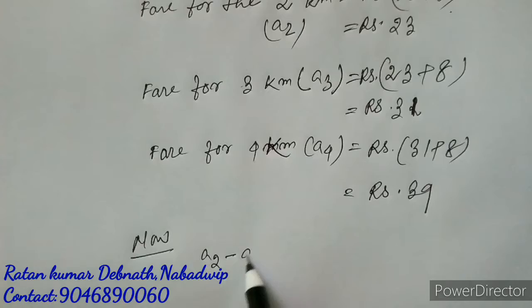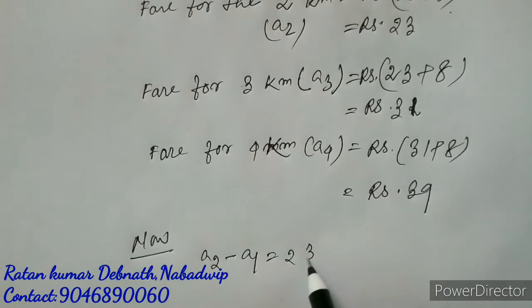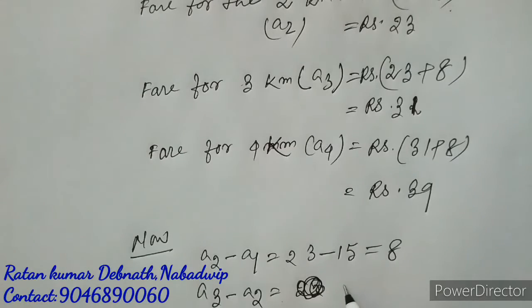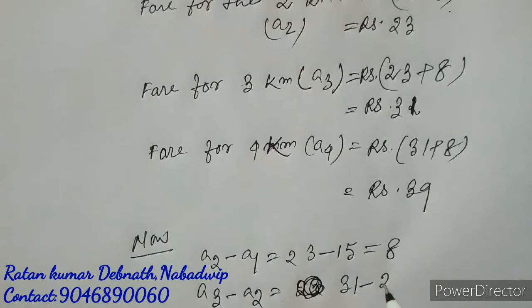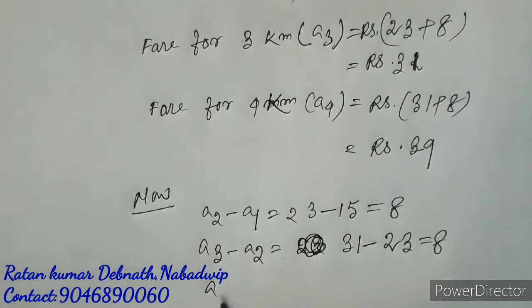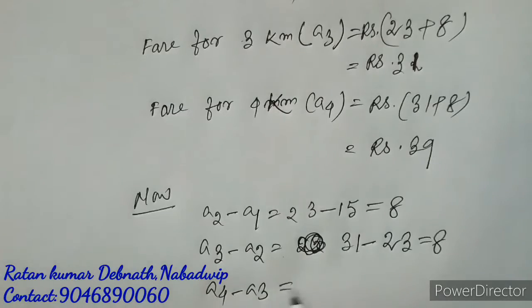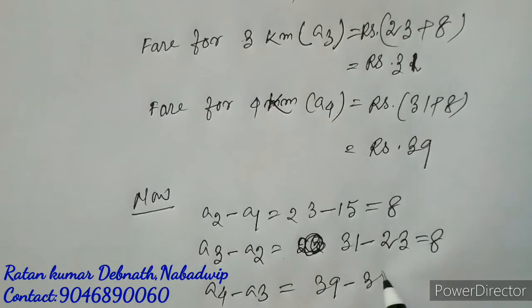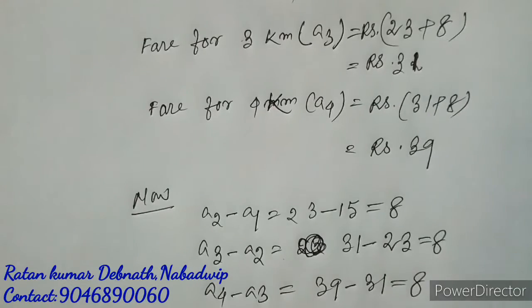Now A2 minus A1, 23 minus 15 results in 8. 31 minus 23 results in 8. A4 minus A3 equal to 39 minus 31 results in 8.